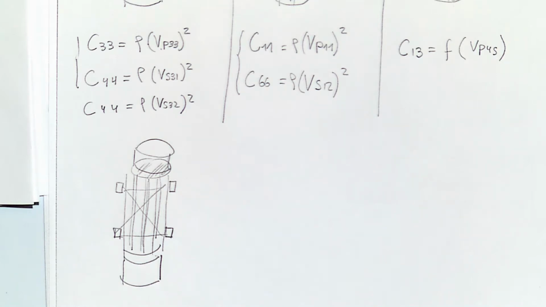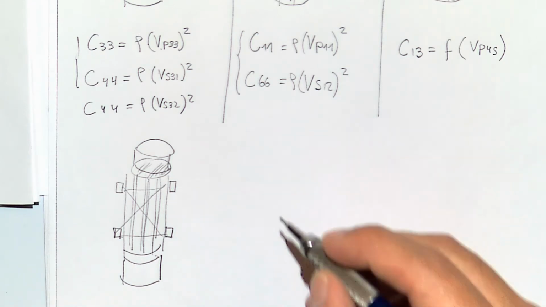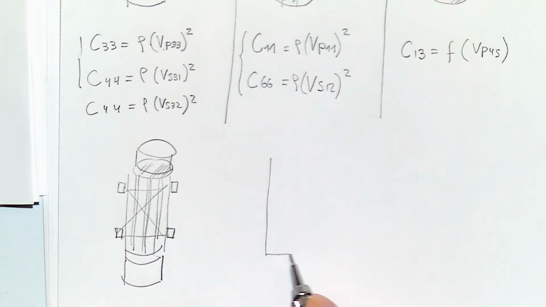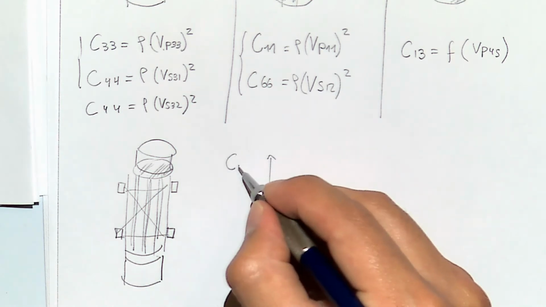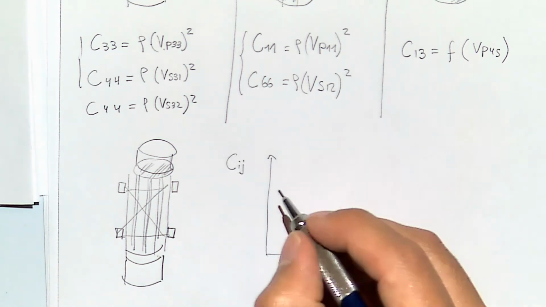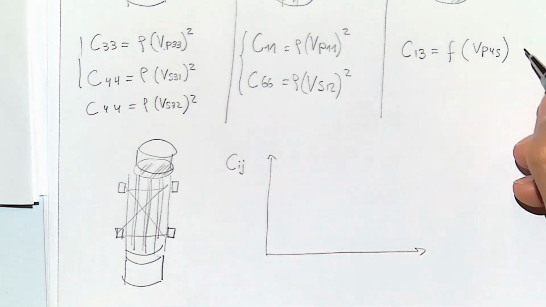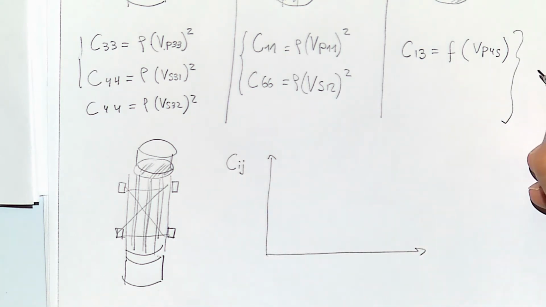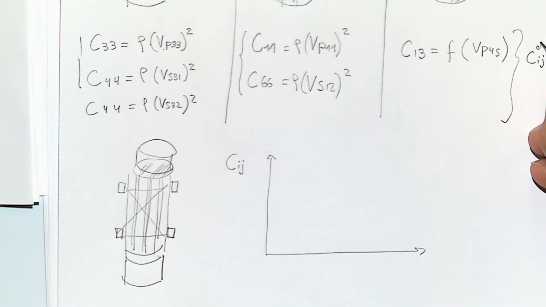And finally, after you have done all of this, same as we did before, the idea is to have a CIJ. By the way, all of these are CIJ dynamic.